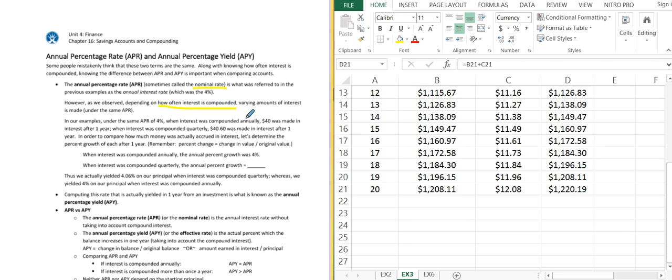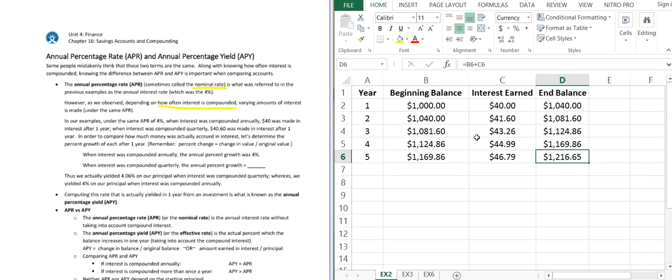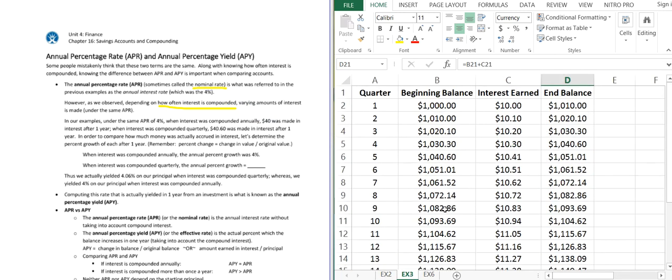So again, when interest was compounded annually, I just made the $40 after 1 year. When interest was compounded quarterly, let's go back to the first spreadsheet, that was this one. Look at the end of the fourth quarter there. That's 1 year right here. And so I made $40.60 when interest was compounded quarterly.